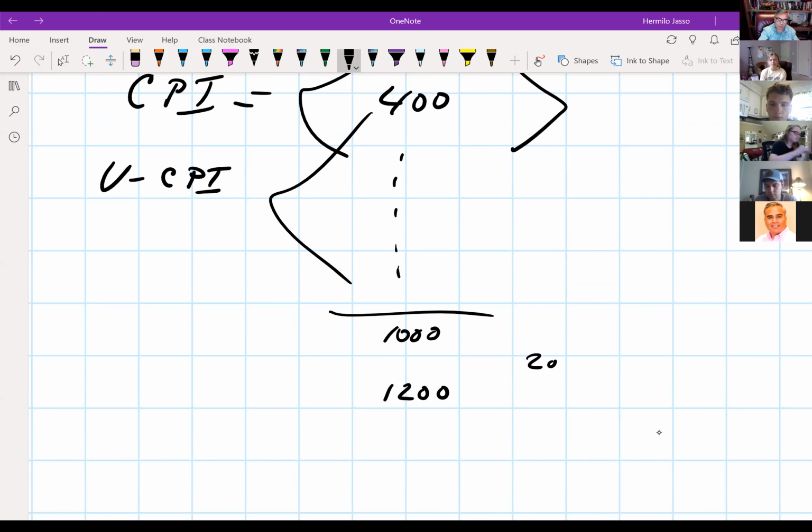This is the base year, which was 1,000. So it will be 200 divided by 1,000, and that will be a 20% increase.